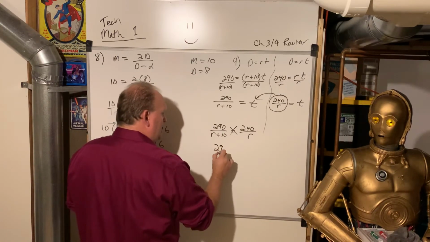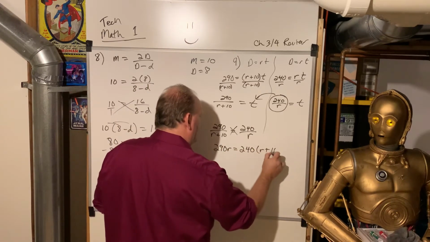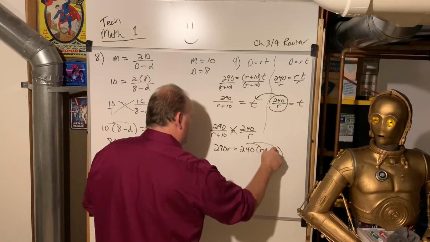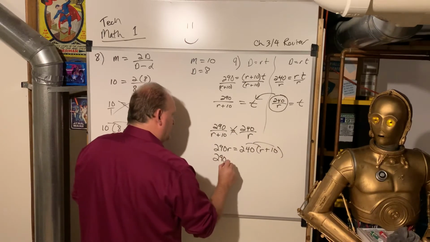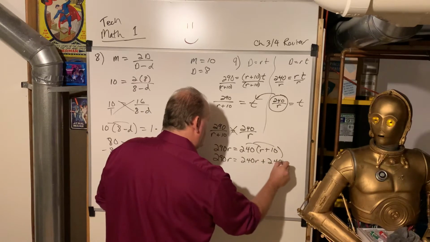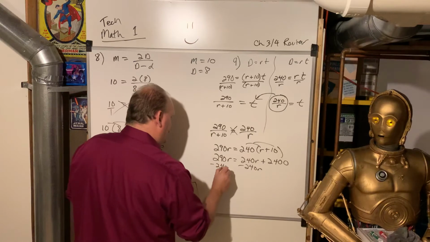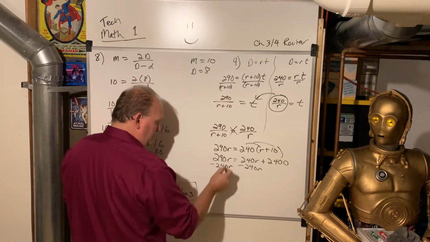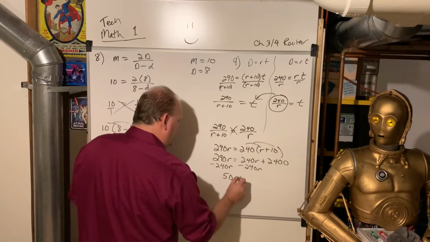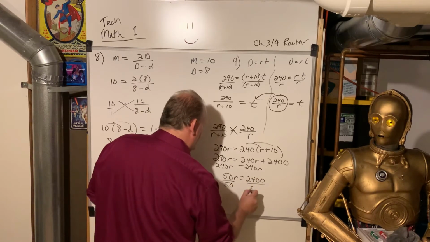We get 290r is equal to 240 times r plus 10. We do the distributive property. We get 290r is equal to 240r plus 2400. We subtract 240r from both sides. And like terms, we can subtract them. So 50r is equal to 2400 and then divide by 50.